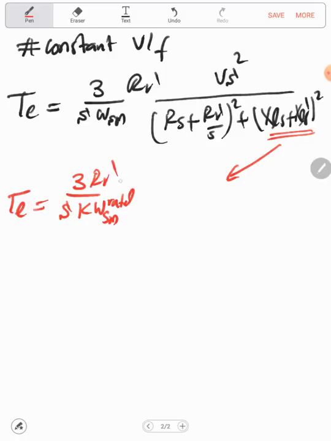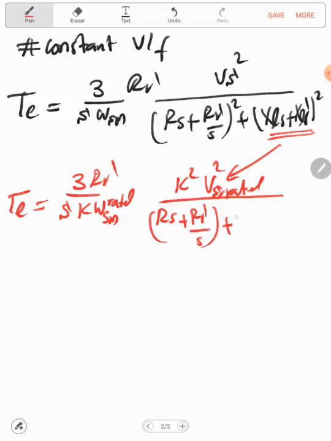Here we have Rr dash, and here we have K squared Vs rated squared over Rs plus Rr dash over S whole squared plus K squared X Ls plus X Lr dash squared.